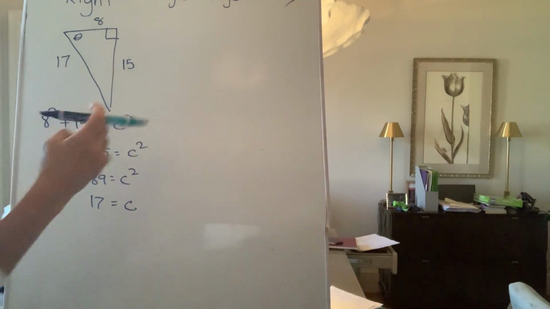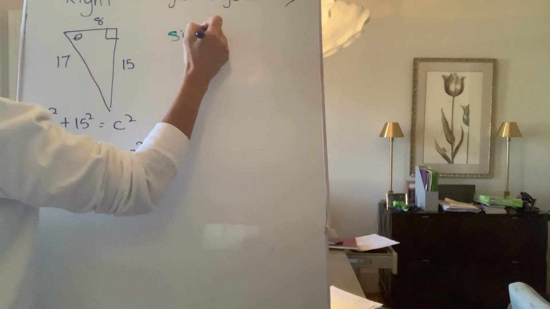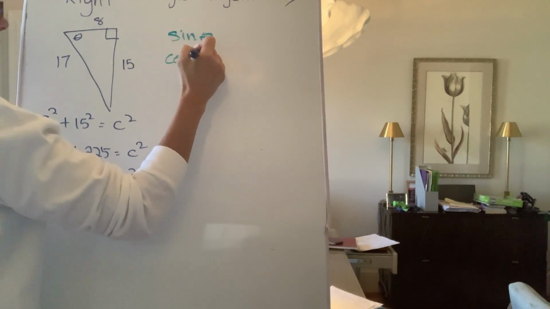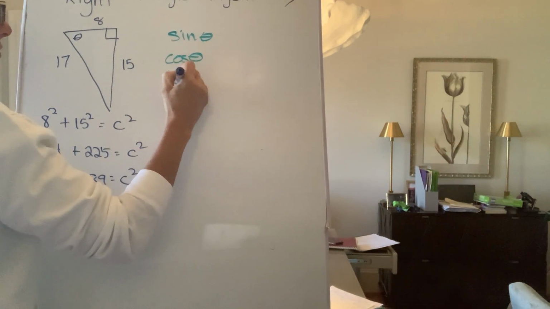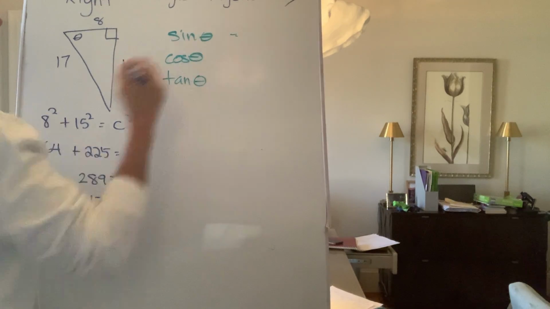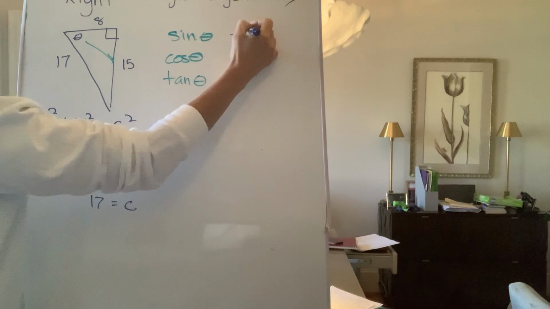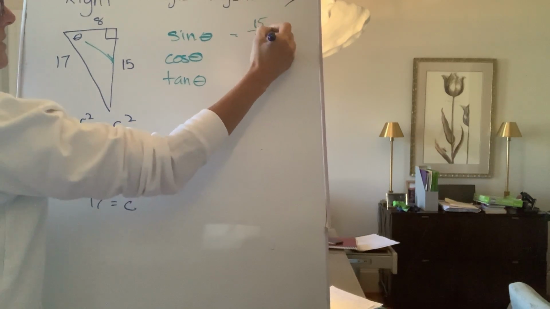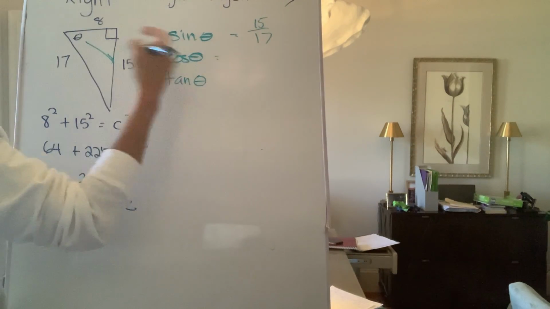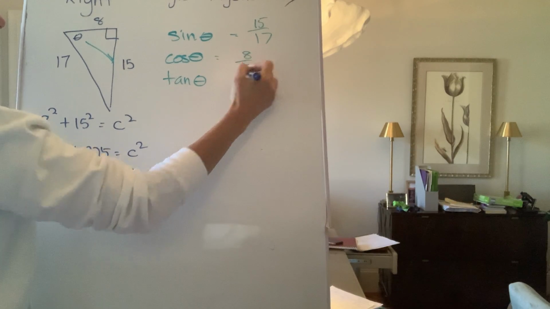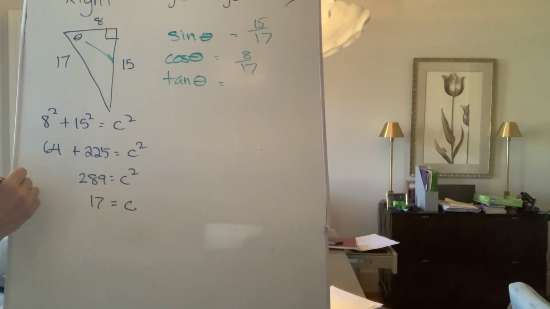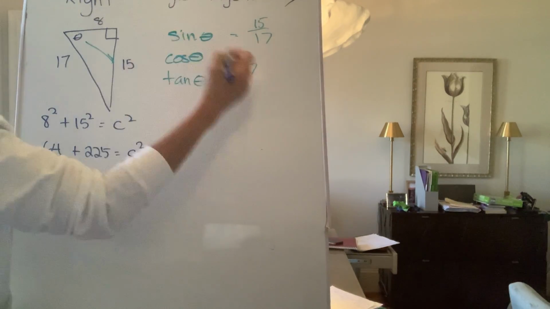So now I can go ahead and find the sine of theta, cosine of theta, and tangent of theta. The sine would be opposite over hypotenuse, 15 over 17. Cosine would be adjacent over hypotenuse. And tangent would be opposite over adjacent.